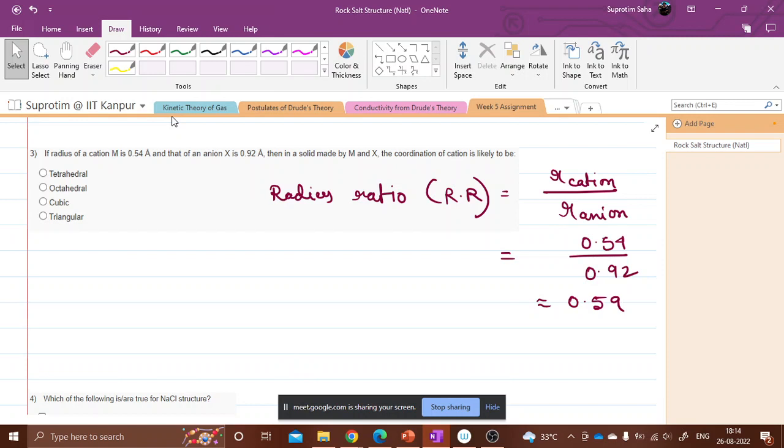So for the 0.59 radius ratio value, you have the octahedral coordination number.